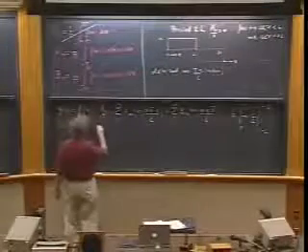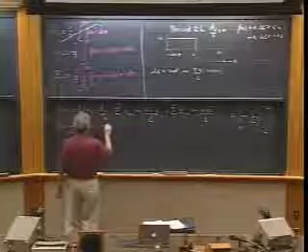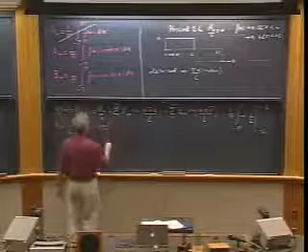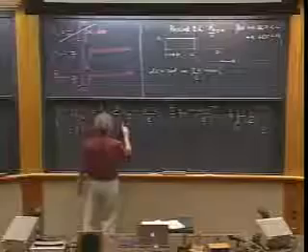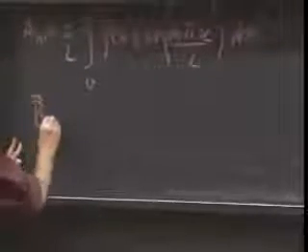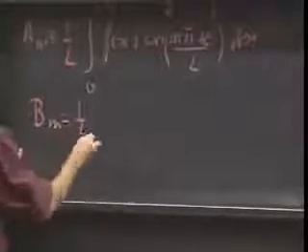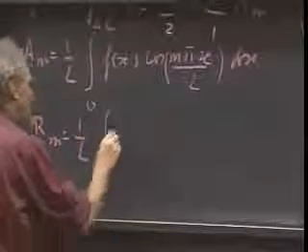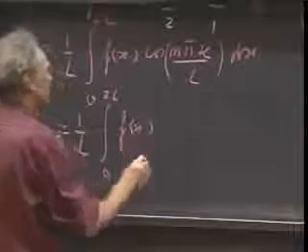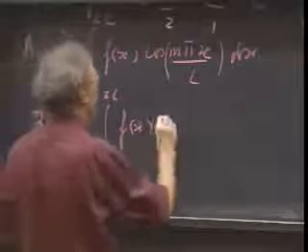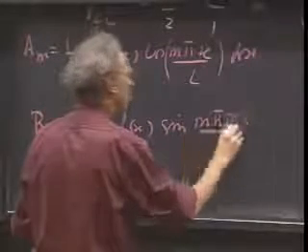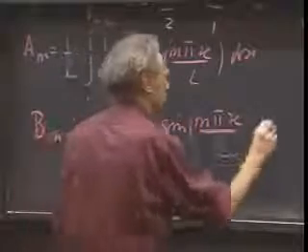And then we're going to get the cosine of m pi x divided by L dx. And B of m is then 1 divided by L times the integral from 0 to 2L of my function x, which is my plucked string, times the sine of m pi x over L times dx.